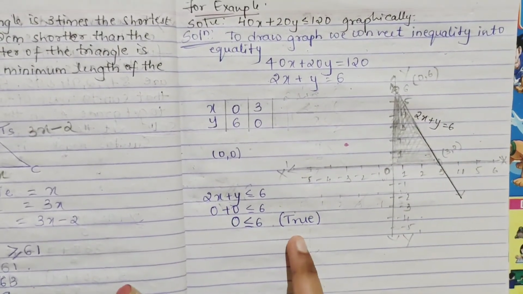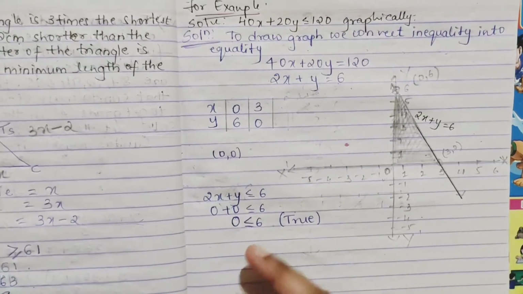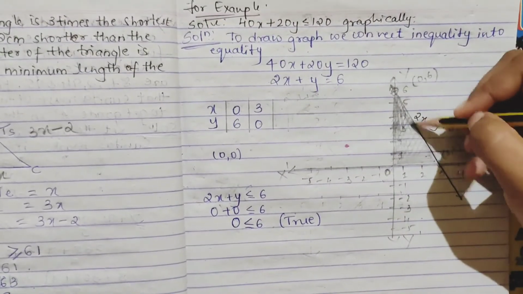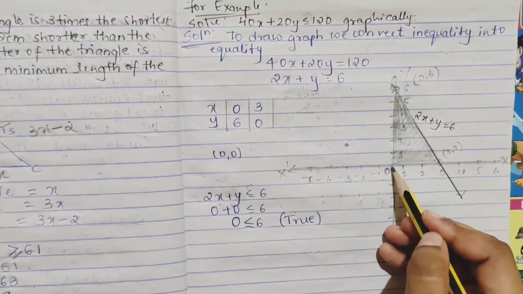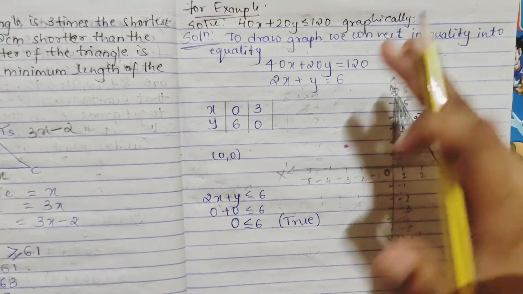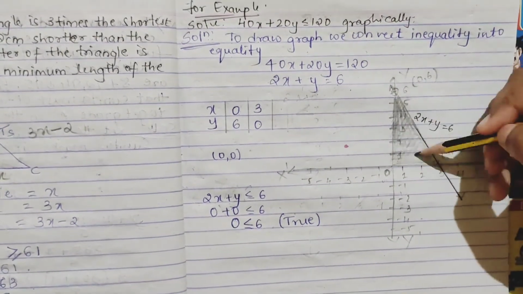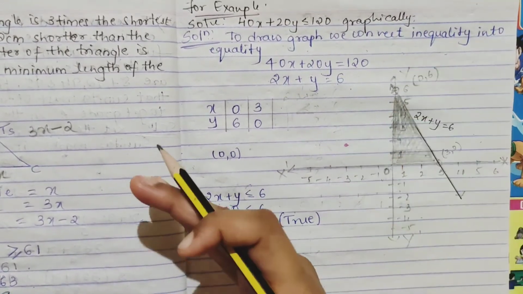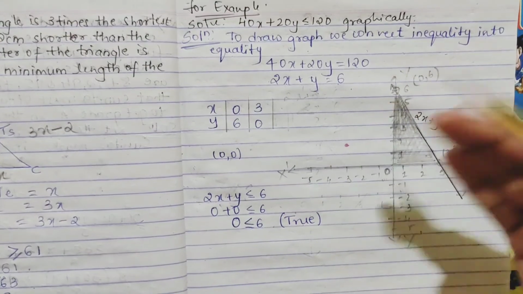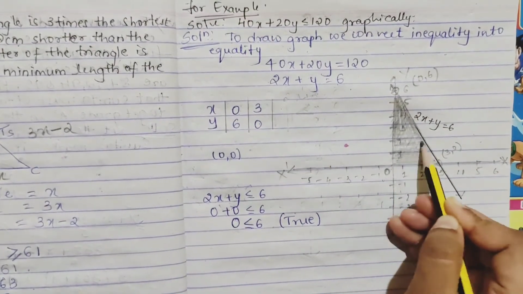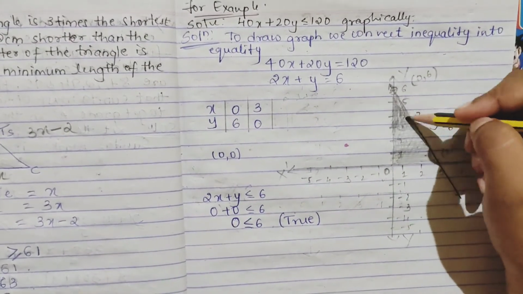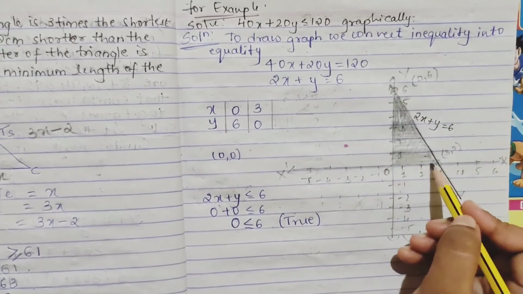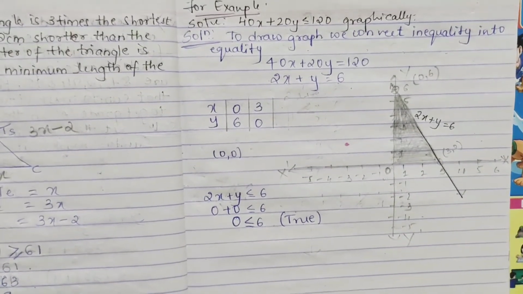If this is false, opposite of the plane where this point is lying you have to shade. If it is true, it will be the part where the point is lying that you have to shade. If it is false, the opposite of that point you have to shade. Simple. Just this thing you have to be careful. Okay. I hope it is clear how you have to do it.